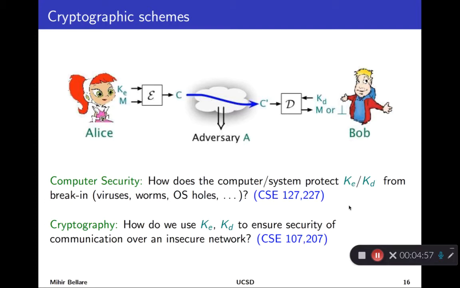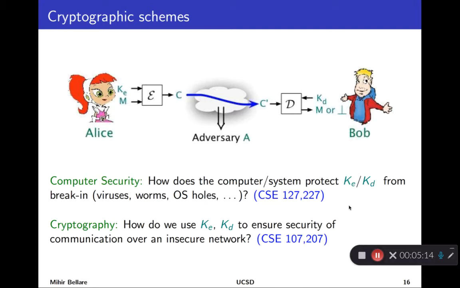Whereas cryptography is about the mathematics of the design of the algorithms: how do we build encryption and decryption algorithms that use their keys effectively to ensure various abstractly specified security goals.